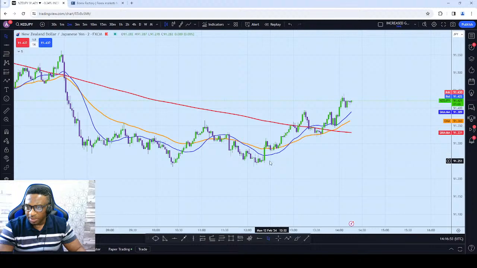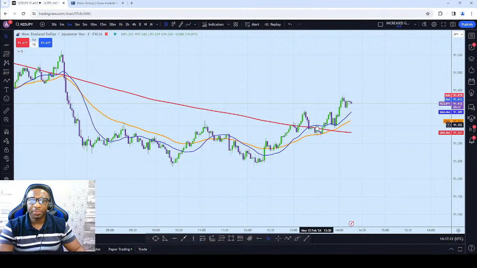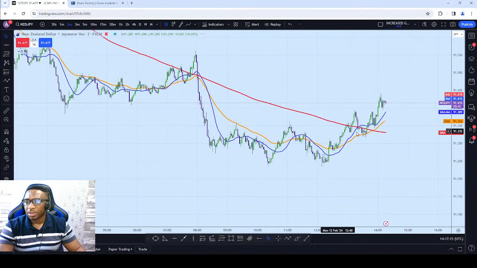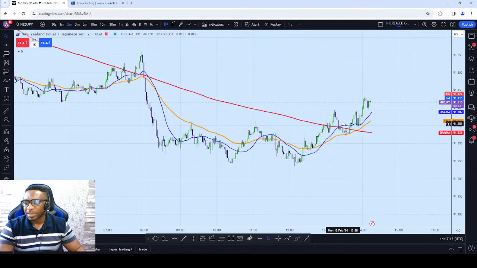As we can see, price coming from the low here, push above the 20 moving average, and we can also see that it came from the narrow state to the wide state, came back to the narrow state. So from here, price is above the moving average.